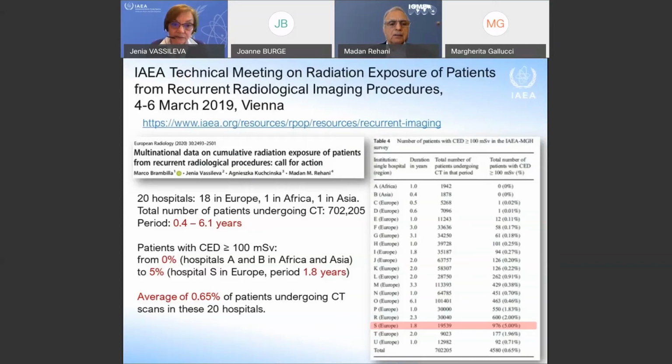There is not much data coming from less developed countries, and we hope that with wider use and easier access to automatic exposure monitoring systems, which are not cheap nowadays, we will have better estimates. We definitely need more studies on this.